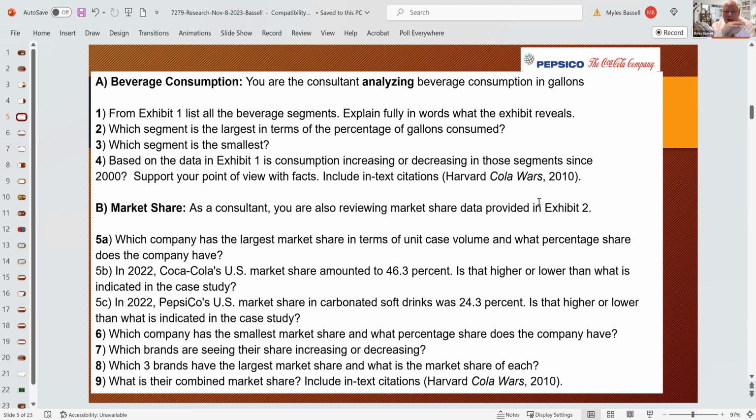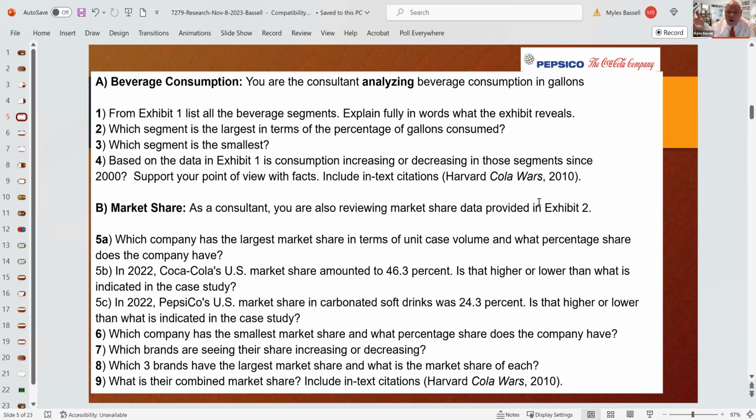So we're looking at market share here, and I gave you the current information. Look at Exhibit 2: which company has a smaller market share and what is that percentage? And indicate which brands are seeing an increase in their share and which are showing a decrease.